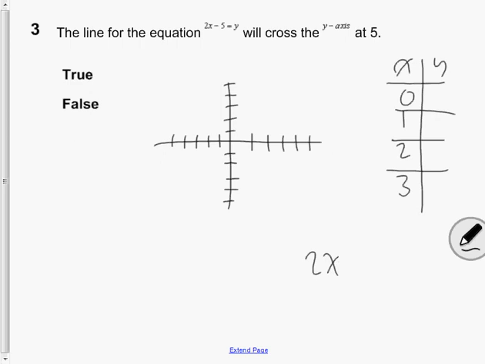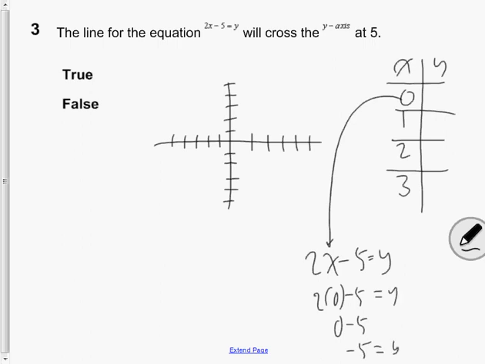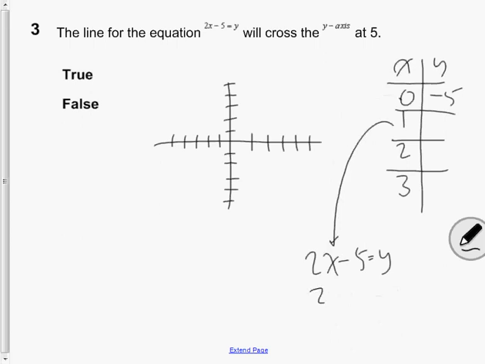So in the equation 2x minus 5 equals y, if I substitute 0, I will end up with -5 being my y value. If x is 1, then 2 times 1 minus 5 equals y, or 2 minus 5 equals y, or -3 equals y.